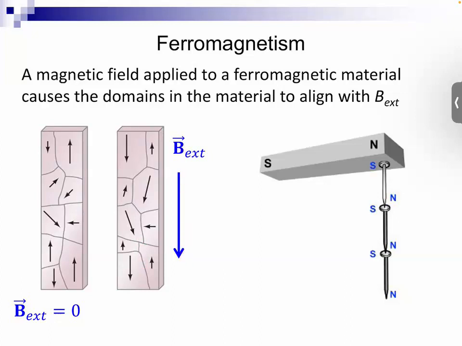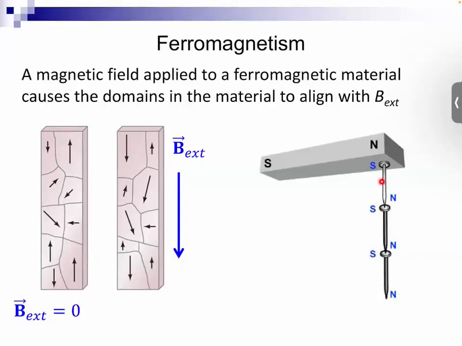So you now have a better alignment of the electrons in the magnetic domains. And then this ferromagnetic material becomes magnetic, right?